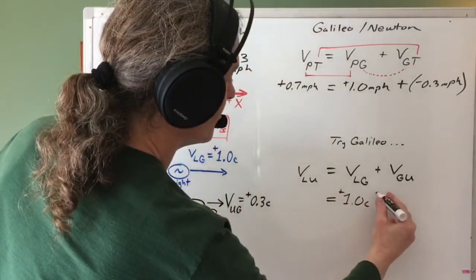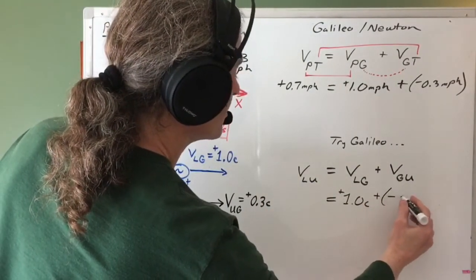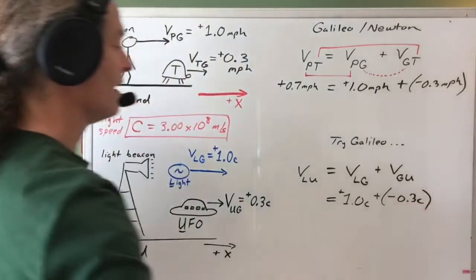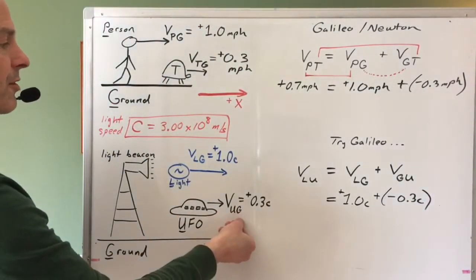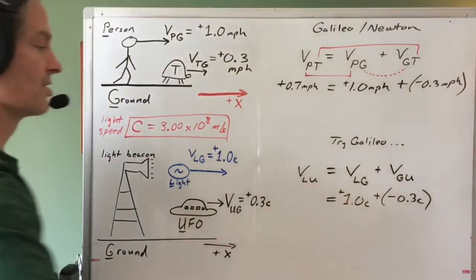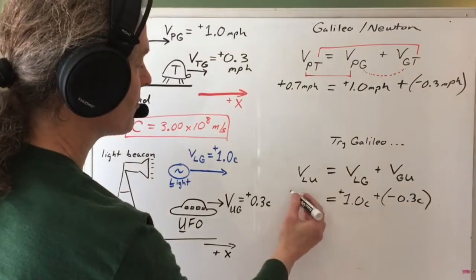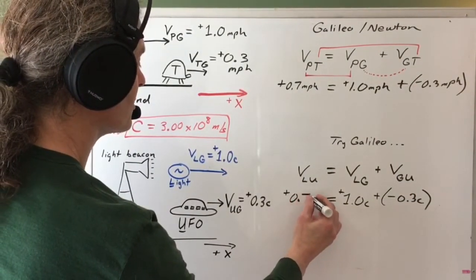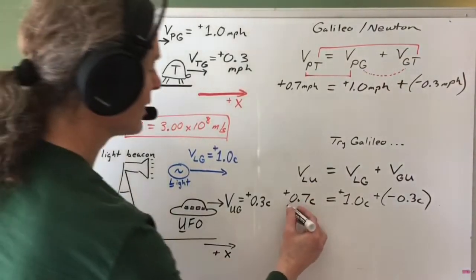Hence, I've got a minus sign in there: minus 0.3c. And in general, anytime you flip the subscripts of something in a relative velocity, you change the sign. Okay, so we add these up. We get plus 0.7c.